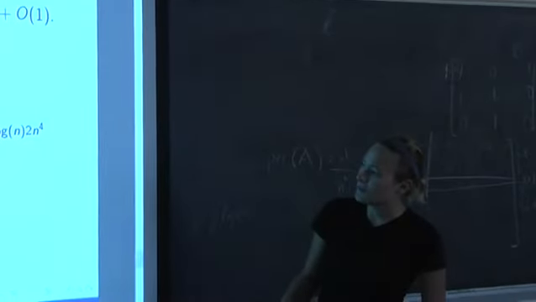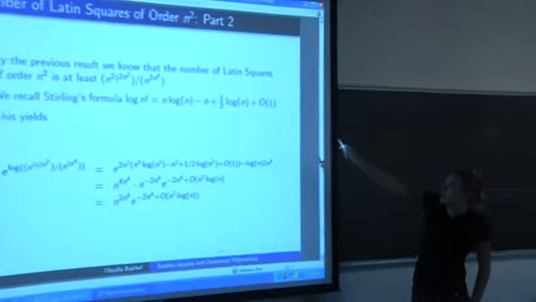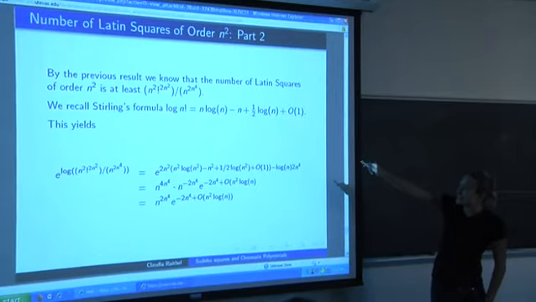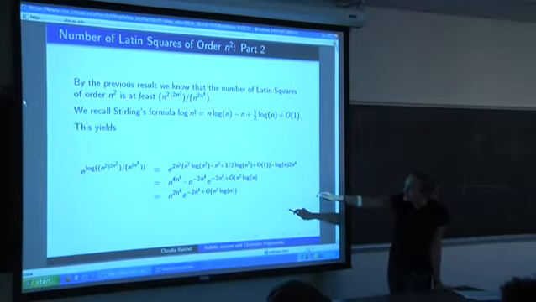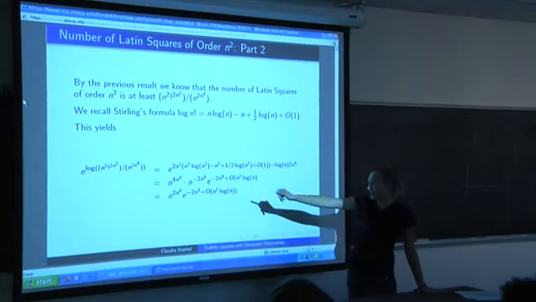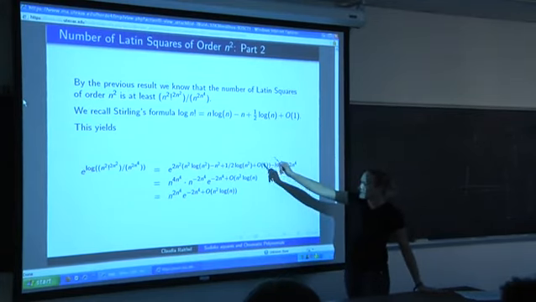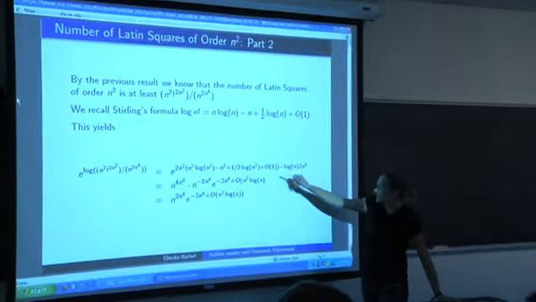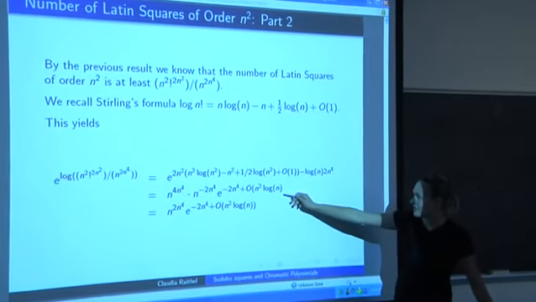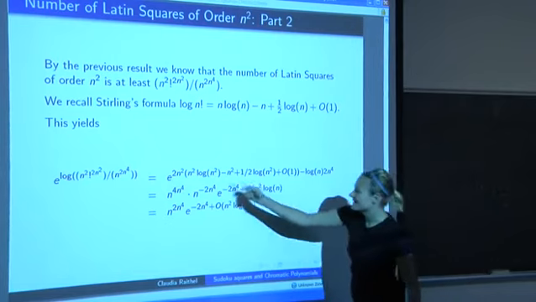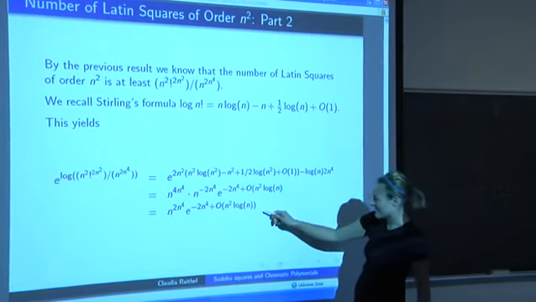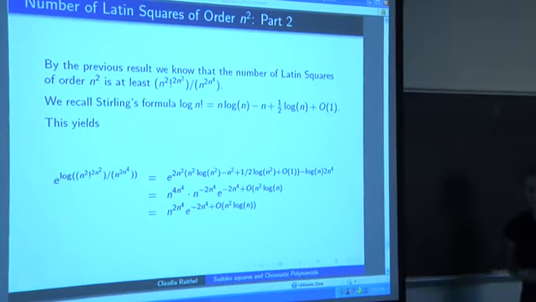So we just showed that the number of Latin squares is at least that number, and so we take e to the log of that number. Then we apply Stirling's formula to the first part and we get this. If we gather out the big O of n squared log n terms, we get this, and that's what we wanted. Do you guys want me to go through this calculation? No? OK.